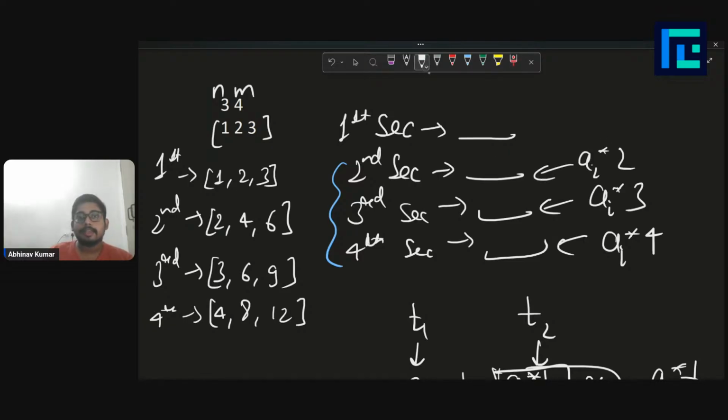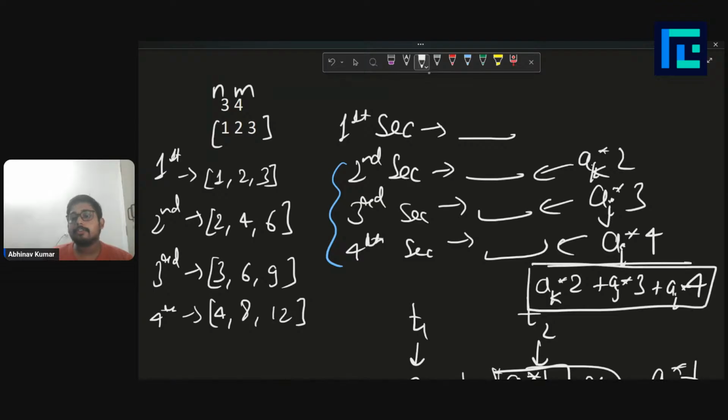If you collected, let's say, the ith oven here, the jth here, and the kth here, then the total number of cakes collected would be ak into 2, plus aj into 3, plus ai into 4.